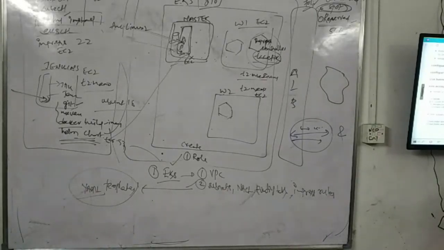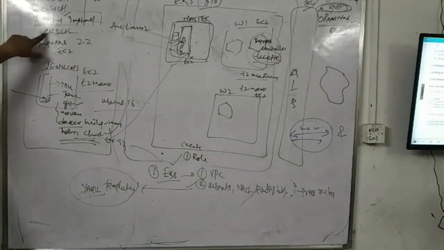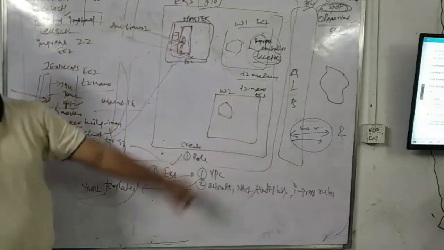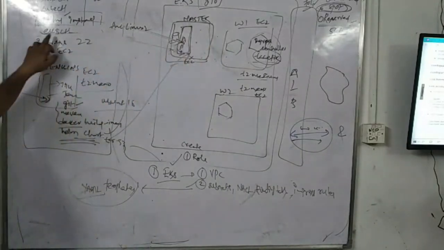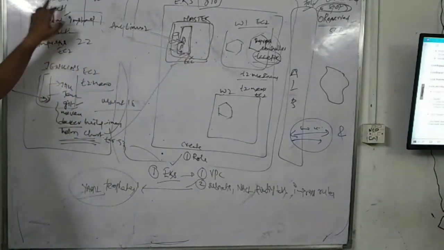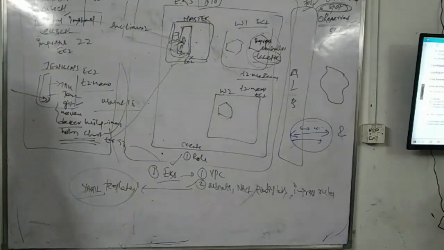Ideally, it should be separate, but here it's coming into the same VPC. That's a 3-node cluster. So you will have 3 nodes, 3 EC2 instances, but all those 3 EC2 instances are created by this command. So when we are running this command, it's actually creating this whole structure. So you have 3 EC2 instances here that are created by this command, and then you manually created 1 and 1. So in total you will have 5 instances.